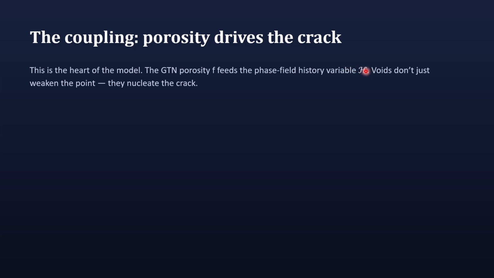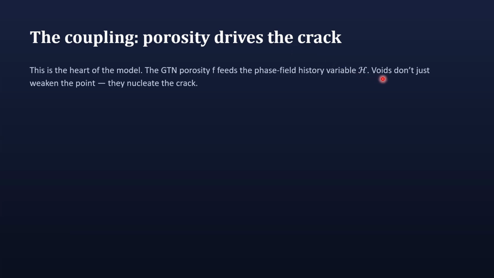So if you can define this history field as a function of porosity, you are done. Again, I am repeating, if the history field is a function of porosity, you are basically done coupling porosity with phase field.